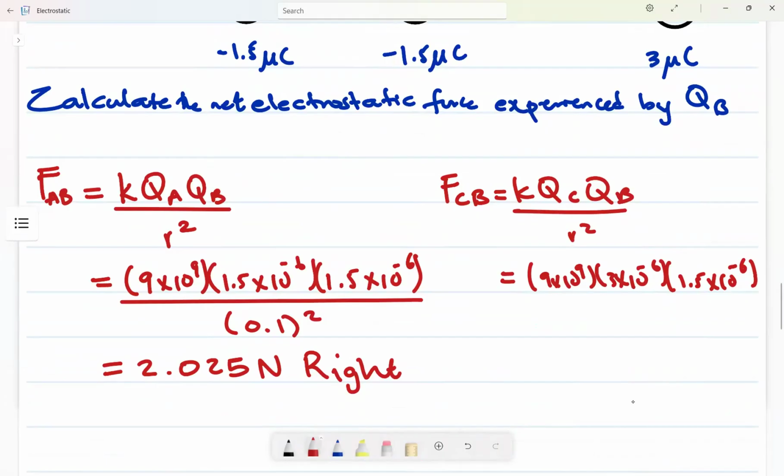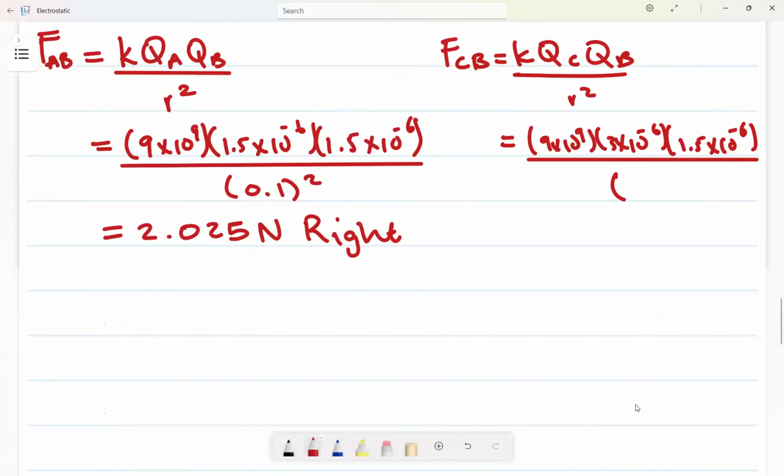Then I need to divide by the distance squared. Remember we said the distance between the two is 0.5. Let me substitute. I'll quickly fix a few things because the others are the same. I'll just change this 1.5 to 3. Therefore, I get something like 0.162 newtons. Okay? Yes.